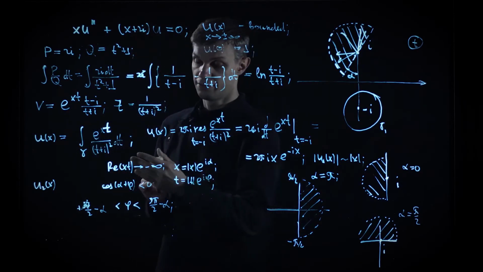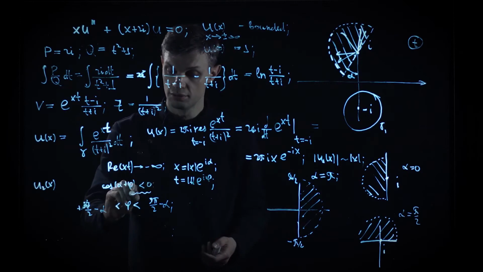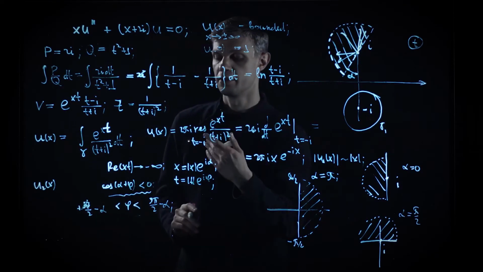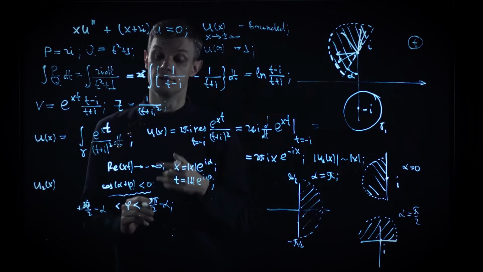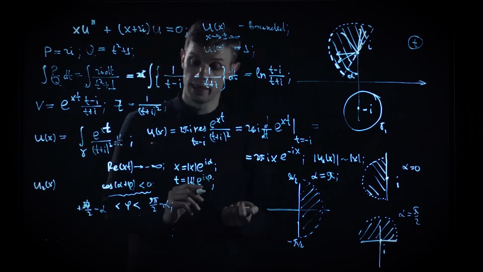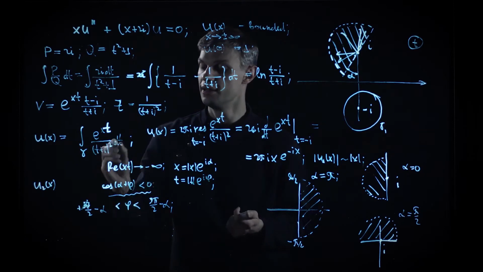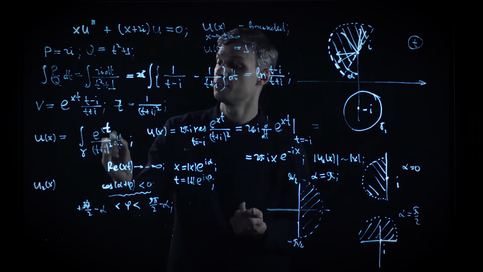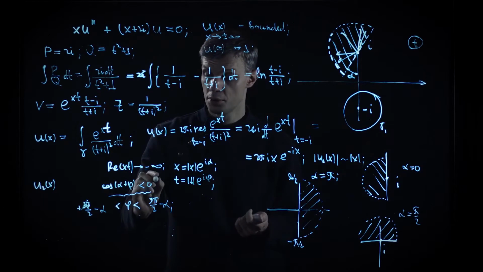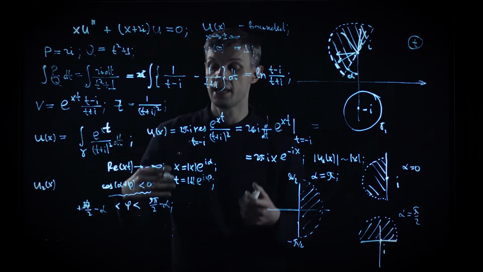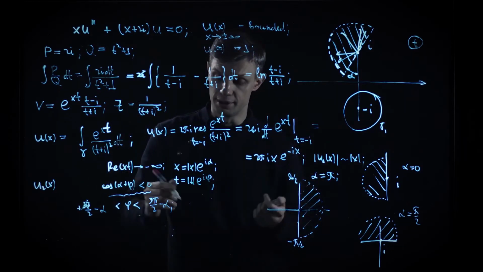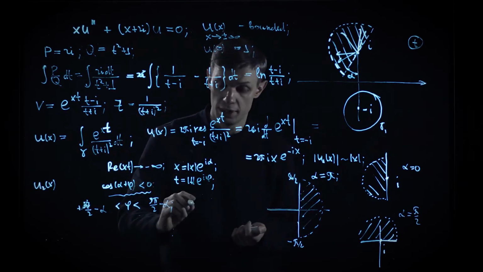So we have this condition for the allowed values for our phi angle. However, the steepest descent direction is defined by the least possible values of the real part of the exponent, namely when cosine of alpha plus phi is the least possible number. For cosine it's -1.